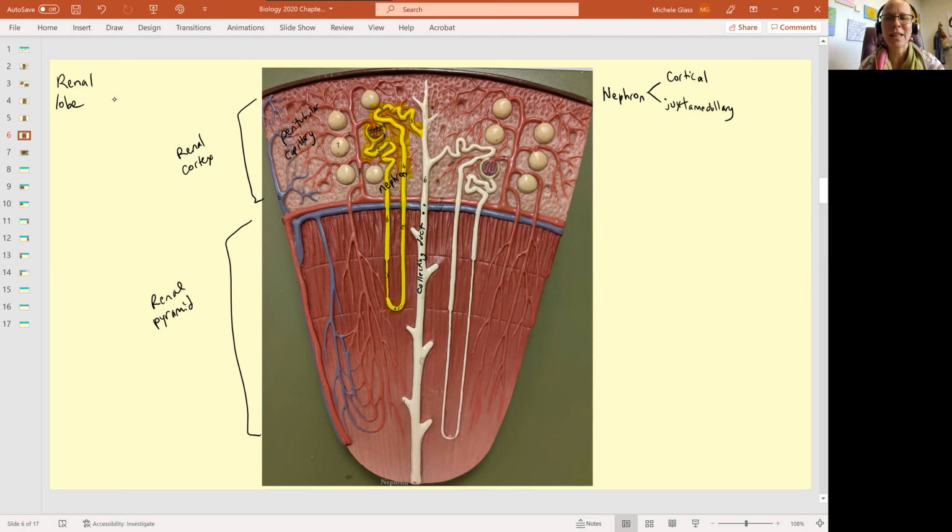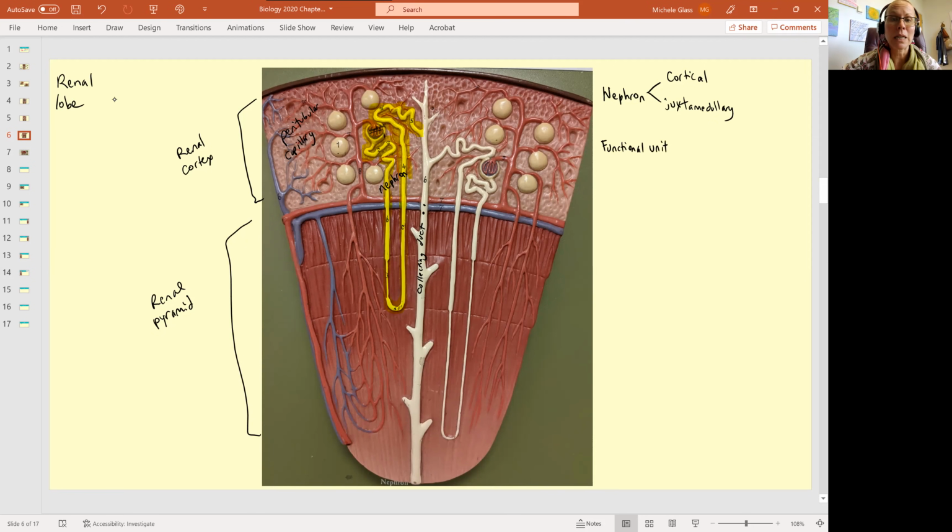So juxtamedullary is like close to the medulla. So a juxtamedullary nephron is going to have some portion in the cortex, but then also dipping down further into that medullary space.